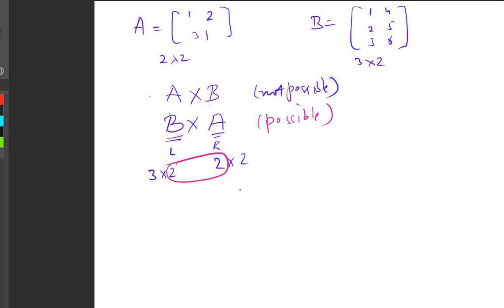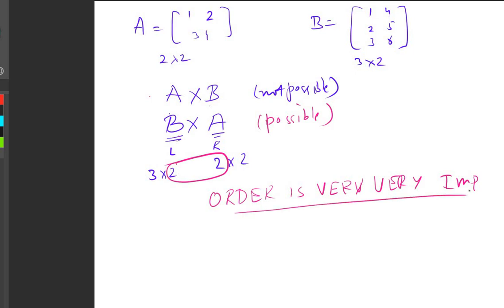We conclude that in matrix multiplication, order is very, very important, the order in which you multiply. We just saw A times B is not possible, but B times A is possible.